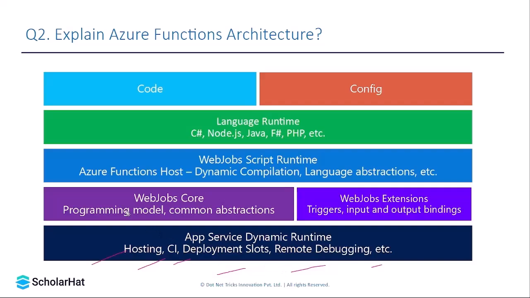Then we have something called web jobs core and web job extension. The web job core depends upon the programming model and it provides some common abstraction, whereas the web job extension deals with triggers, inputs, and output binding. We discussed that we can trigger Azure function automatically with the help of certain events.